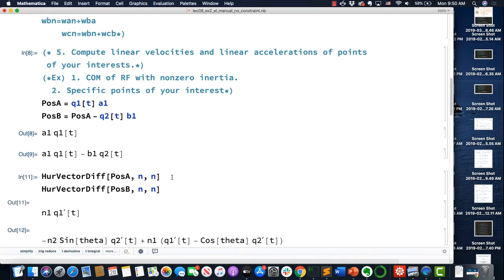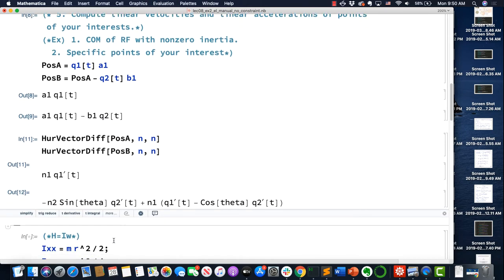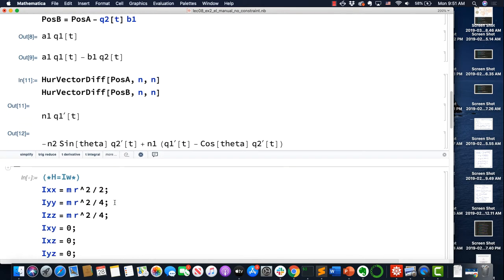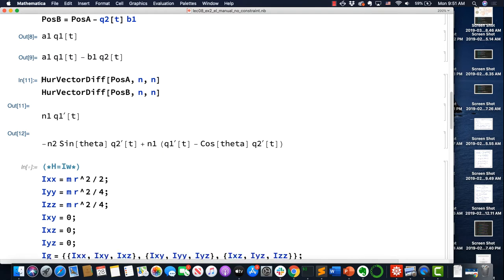And now it's a little bit more complicated because now you have B1 involved in the vector. So we just found the velocity. So let me just assign a variable here, VA. This is VA, and this is VB.